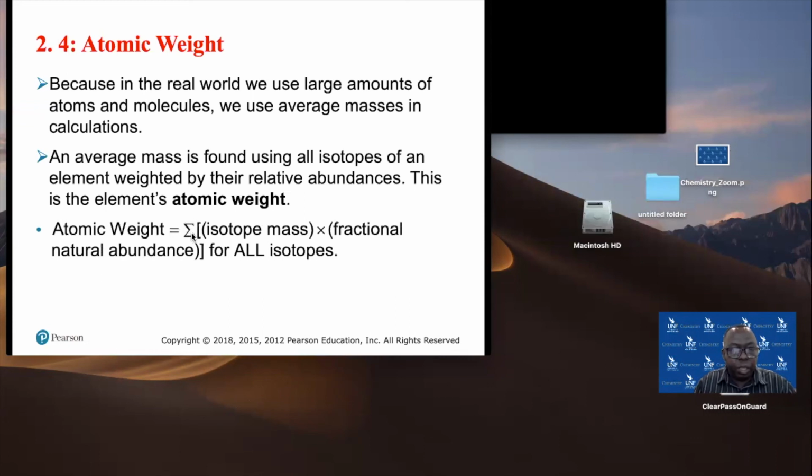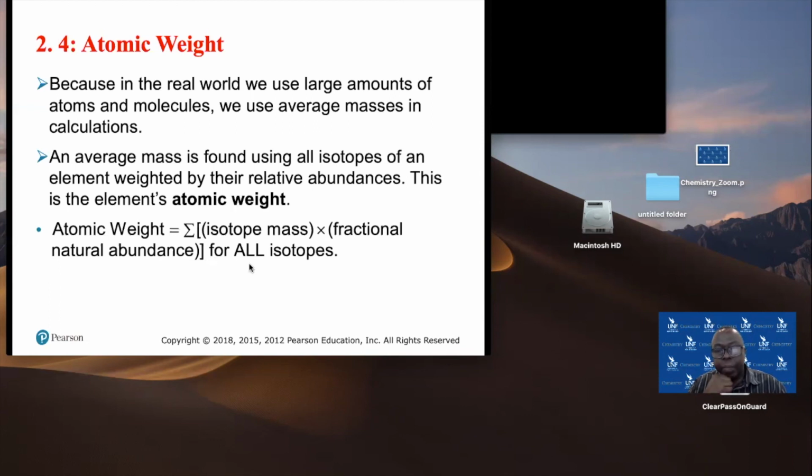This is a Greek symbol, meaning summation of isotopic mass, in amu, times the fractional natural abundance for all isotopes. So remember what I said, that the atomic masses of elements on the periodic table are calculated based on all naturally occurring isotopes.